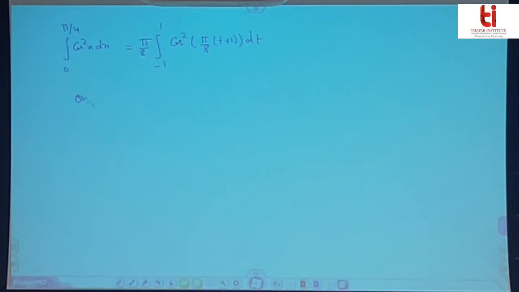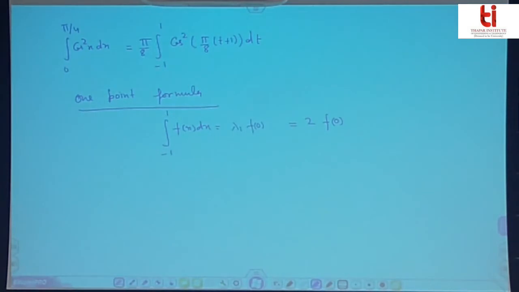So the one point formula is that the integral from minus 1 to 1 of f(x) dx equals 2 f(0). So this is the one point formula that we derived.